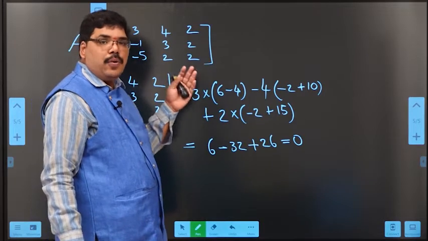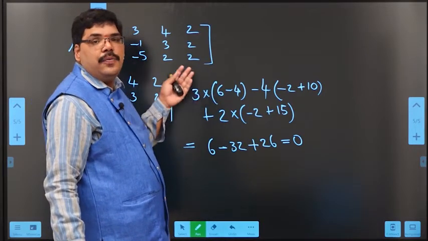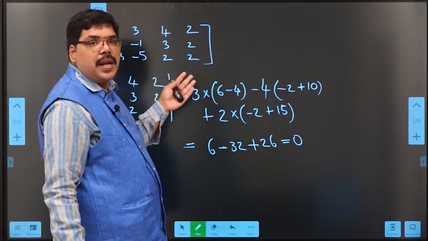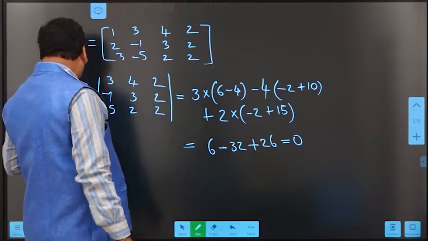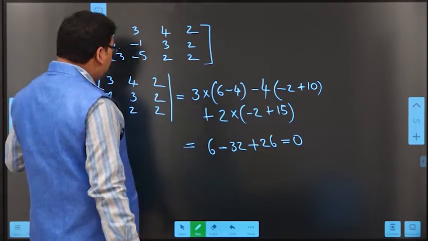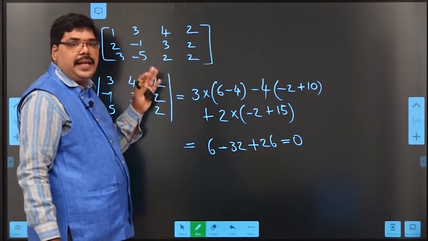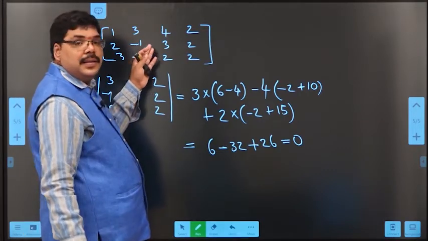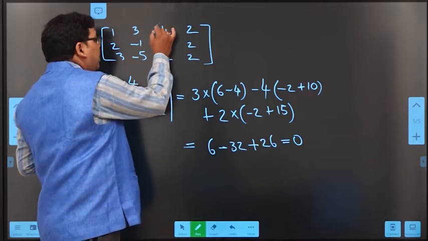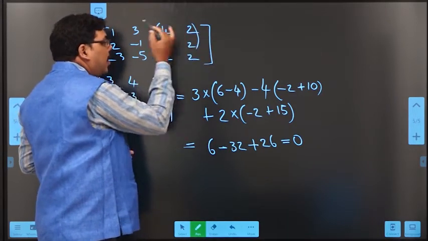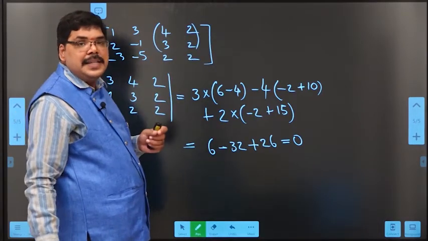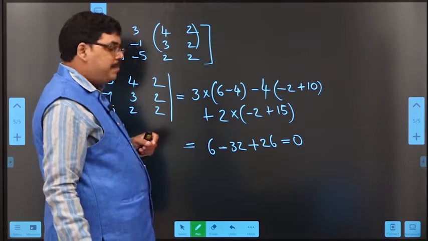So we are going to search for minors of order 2 by 2. We take this part as my second order minor.